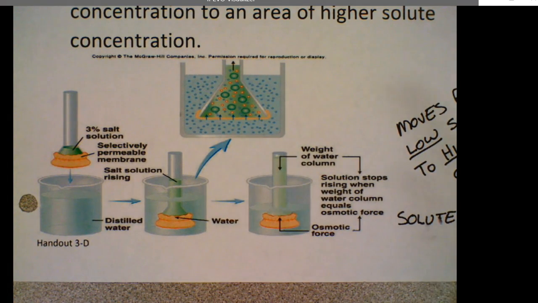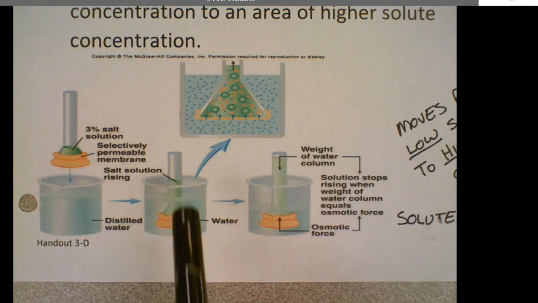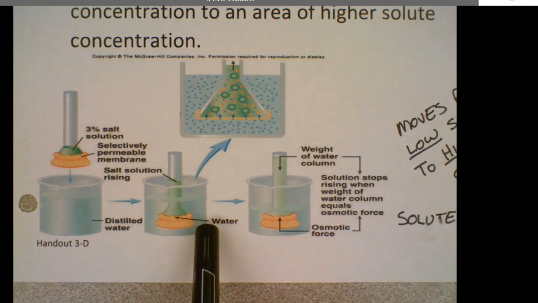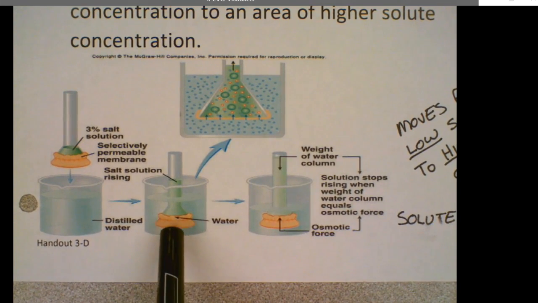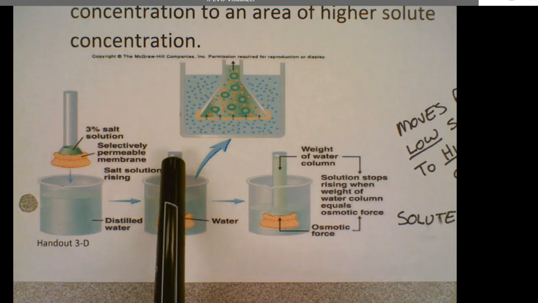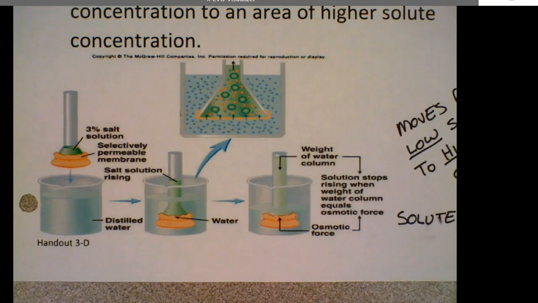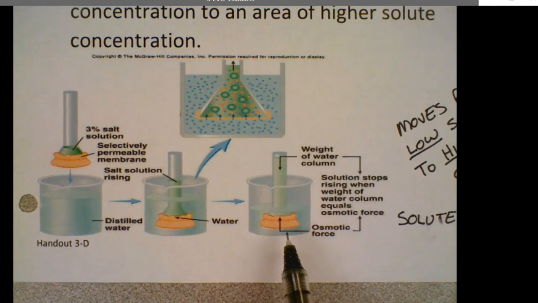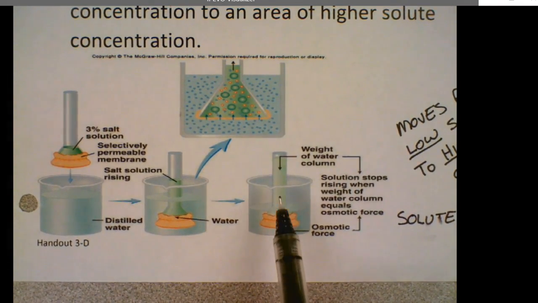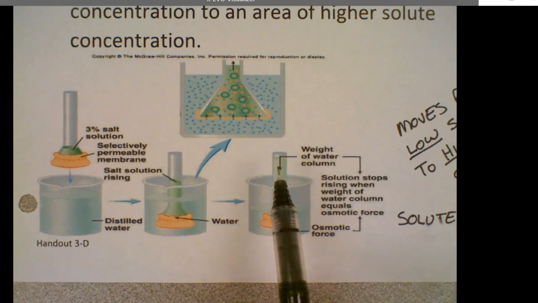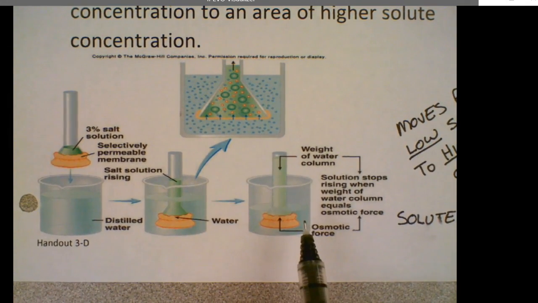So what's going to happen is the water is going to move from low salt to high salt. So the water is going to move from this beaker through the membrane and into the test tube. And if you perform this experiment, you can see the water actually rise in the test tube. This will occur until both the beaker and the test tube have the same concentration of water to salt.